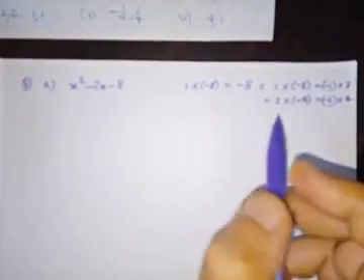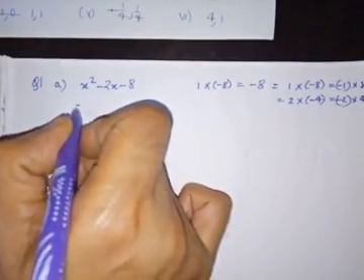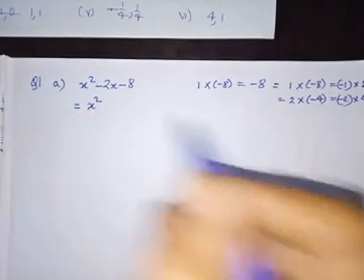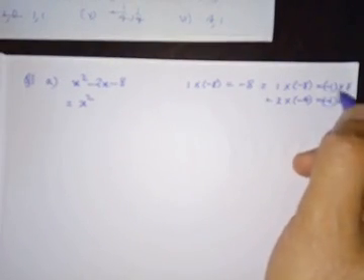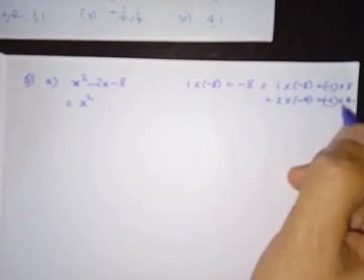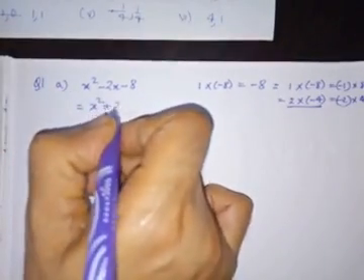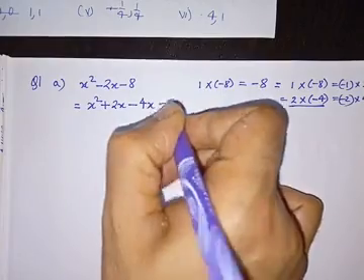So which can be used to split the middle term, that is minus 2? On adding these we get 7, and on subtracting we get minus 9, but we require minus 2. So here on adding you get minus 2, here on subtracting you get plus 2. So these two are the required ones. So x square plus 2x minus 4x minus 8.